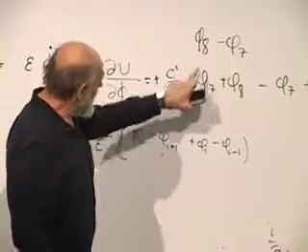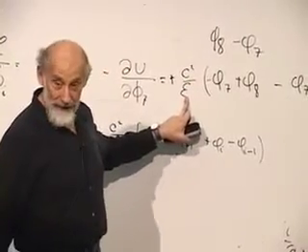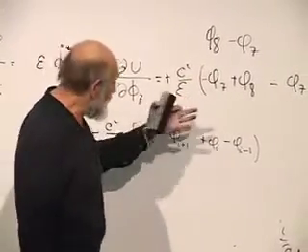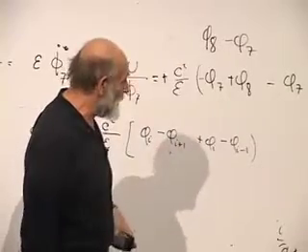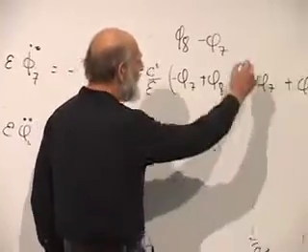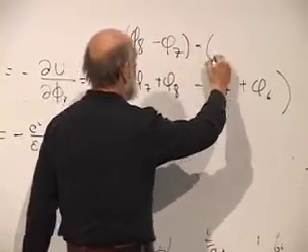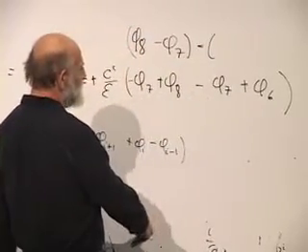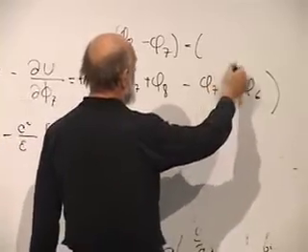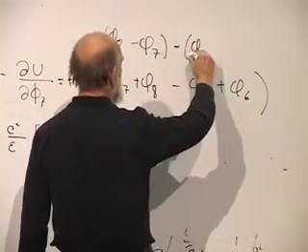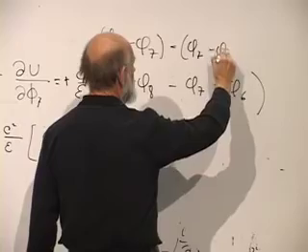In particular, notice there's an epsilon in the denominator there. So it looks like we're going to get some kind of derivative. Now, then there's minus, and let me put in parentheses minus phi 7 minus phi 6.